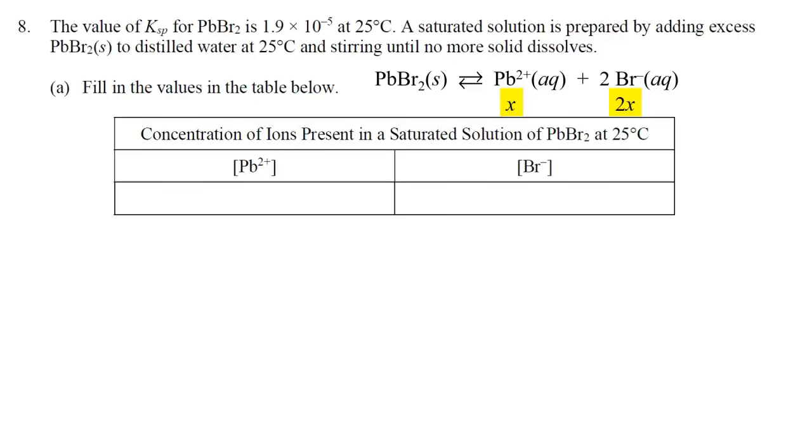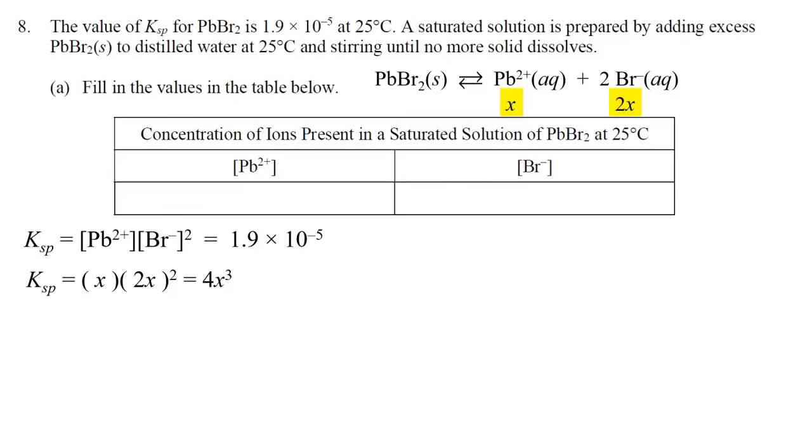Now let's write the KSP expression, and we know that that is equal to the concentration of the lead ion times the concentration of the bromide ion squared. And that's equal to 1.9 times 10 to the negative 5 because they gave us the value of KSP in this question. So let's go ahead and substitute X and 2X for the concentration of the lead and the concentration of the bromide.